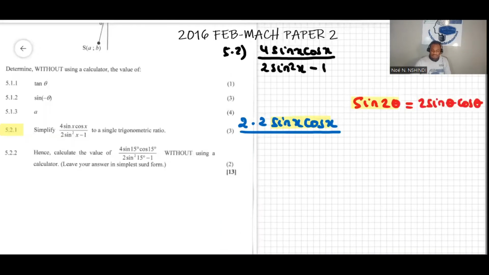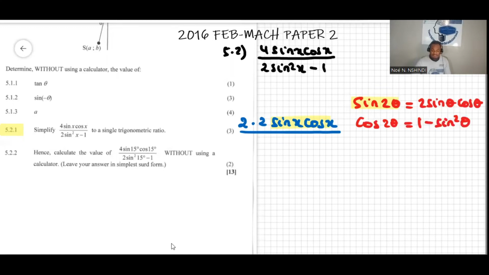Now for the denominator, we have 2 sine squared x minus 1. I know there's a property for the double angle that says cos of 2 theta is equal to 1 minus 2 sine squared theta. But over here, I have 2 sine squared x minus 1 instead of 1 minus 2 sine squared x.